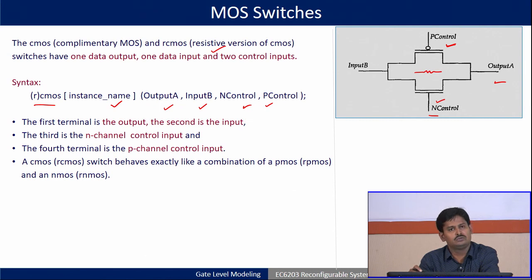So, if you want to build a mux or XOR out of this, you have to design the circuit accordingly by taking this only. Do not be confused, CMOS here in Verilog is not a CMOS inverter type thing, it refers to a transmission gate.